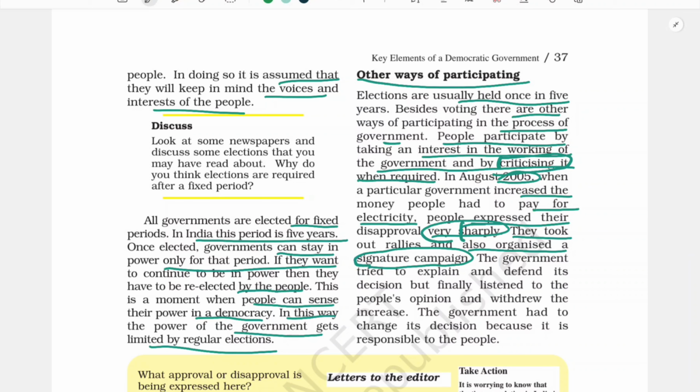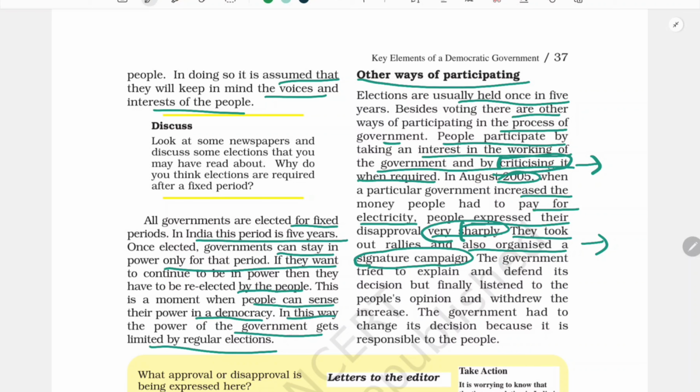So in this way they disapproved. Apart from voting, they criticized it, organized a rally and a signature campaign as well. Apart from that, they also organized dharna.